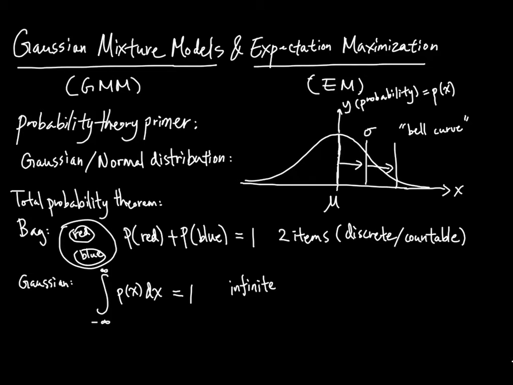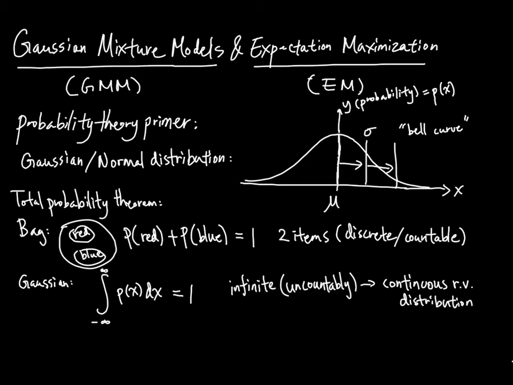I'll just say infinite, uncountably. And this is also a continuous distribution. This RV means random variable, and random variable is just the x, so it's just a variable. And when we have a probability of that variable, it's going to give us our probability.